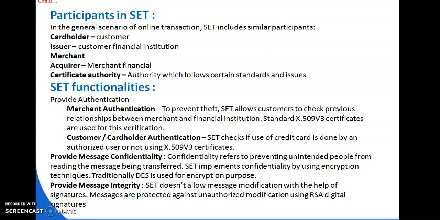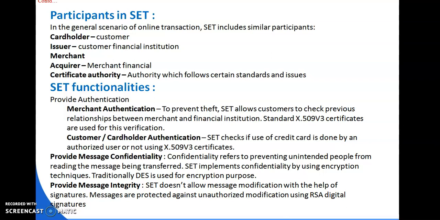This X.509 v3 certificate is used for verification. It is one type of digital certificate which contains all the profile of the customer or merchant. That is the X.509 v3 certificate.